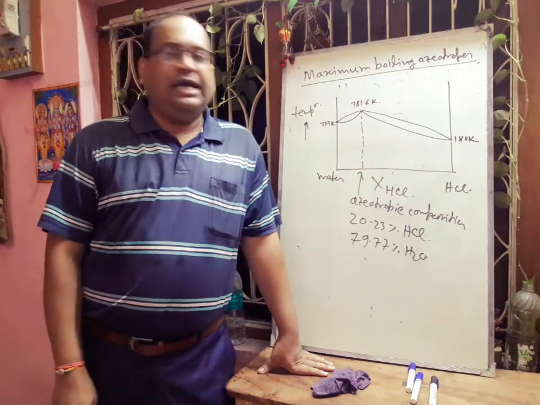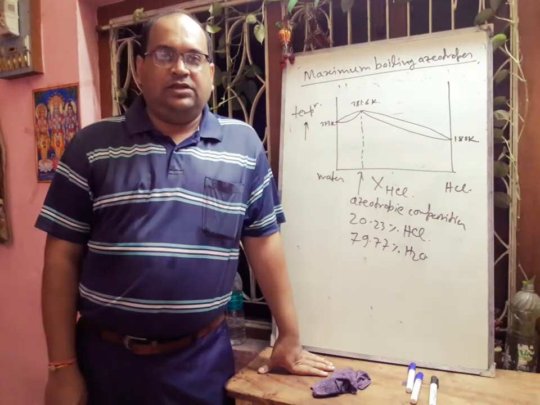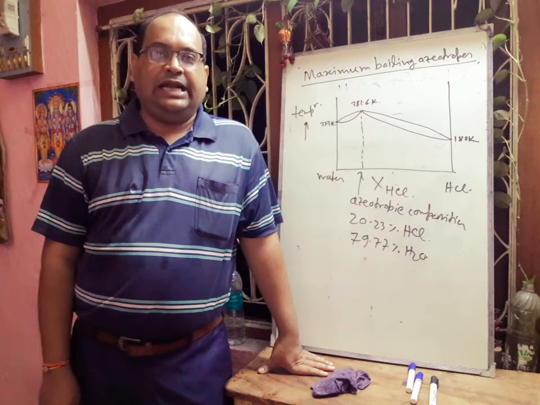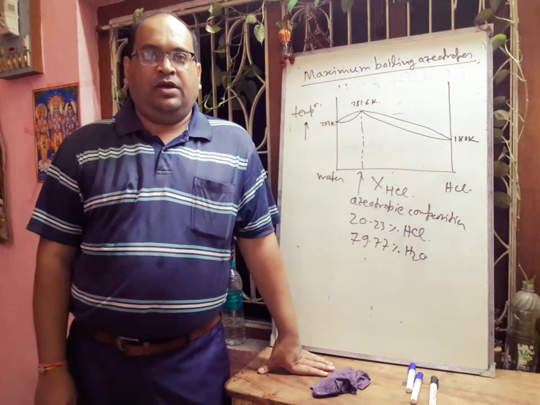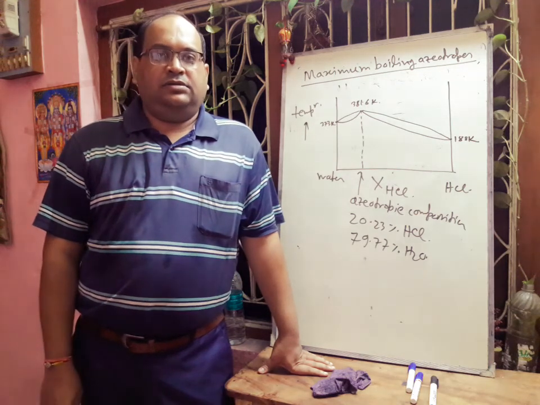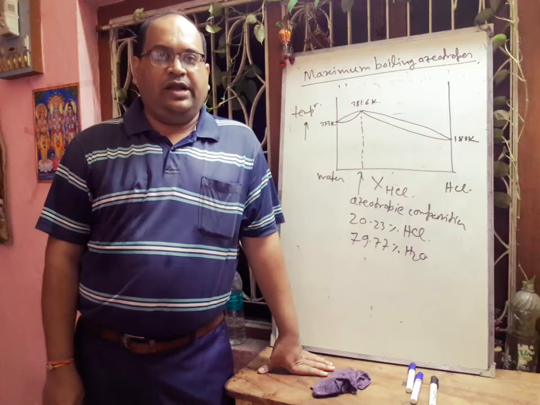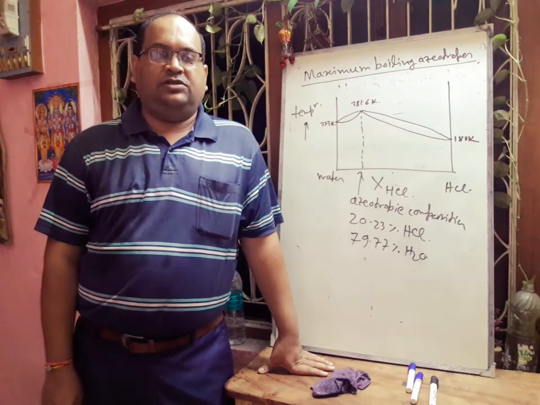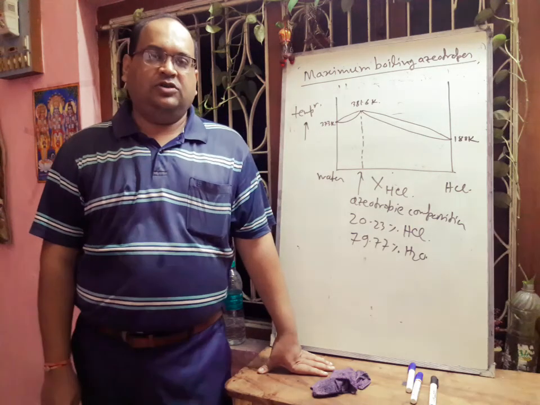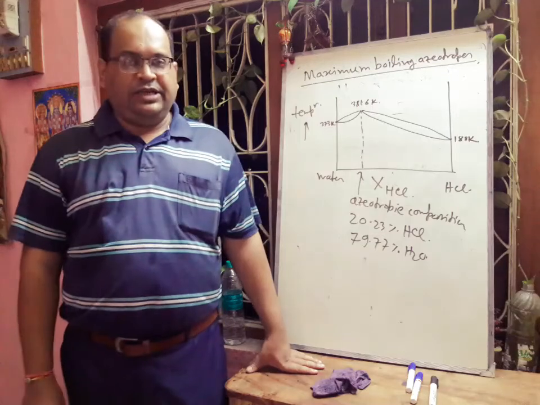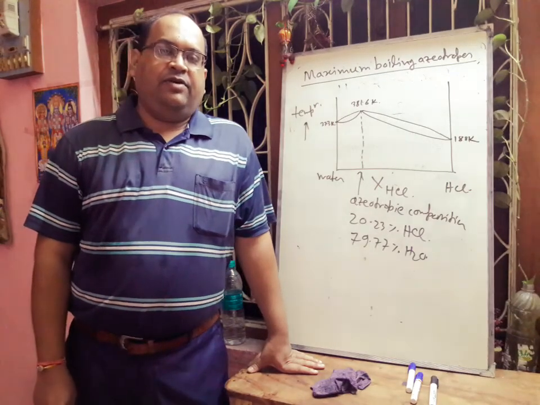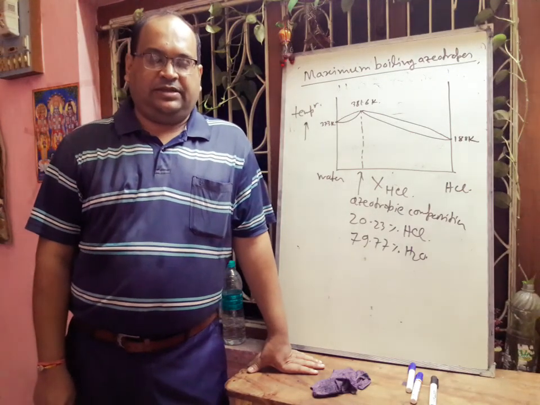Now the composition of these azeotropes is remarkably constant at any given pressure, however on changing the pressure both the boiling point and the composition of the azeotrope will change. So today up to this, and next day we will start the colligative properties. Thank you.